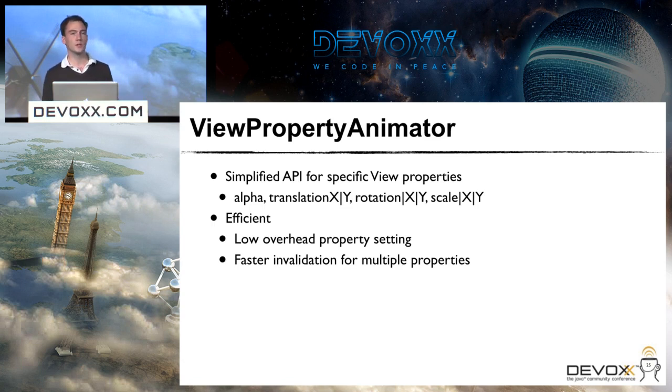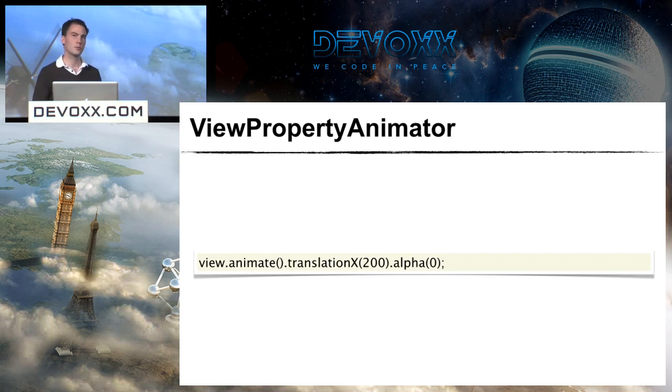If you try to animate several properties on a view with what we call the VPA, we're going to batch all those animations together, and we're going to make sure there's only one invalidate instead of one per property, and you're going to get much better results. We created the VPA when we were working on Honeycomb 3.1, 3.2.